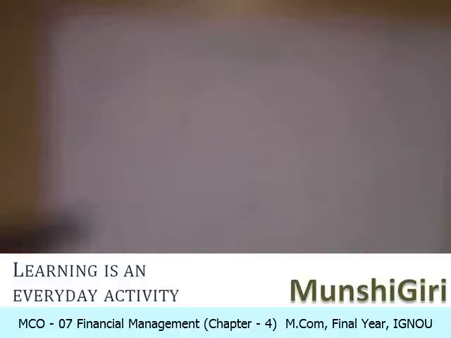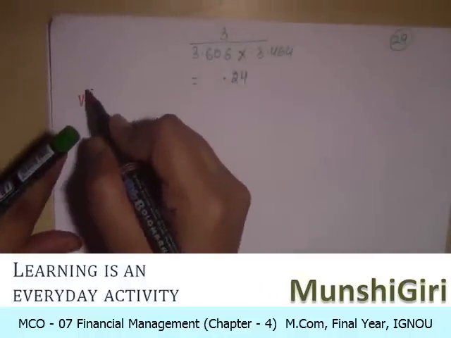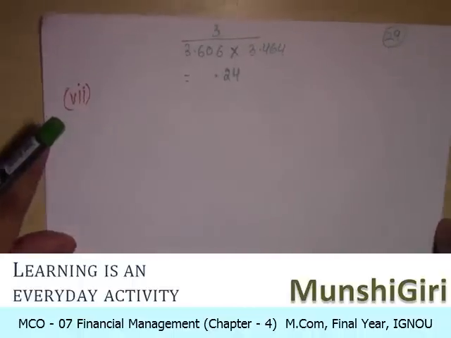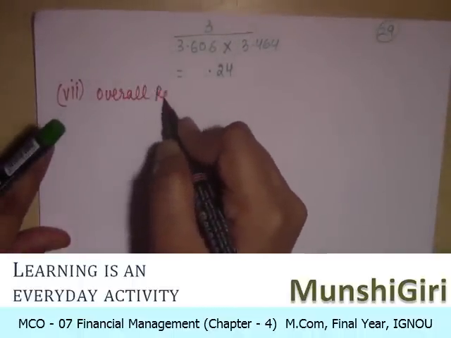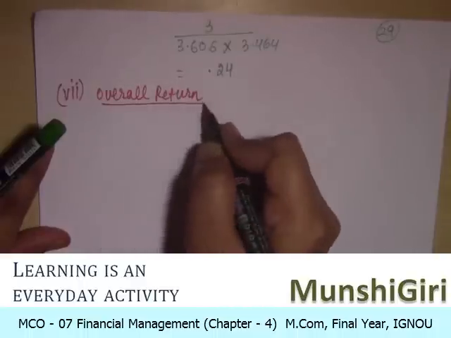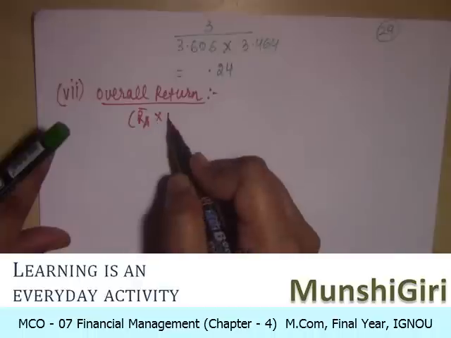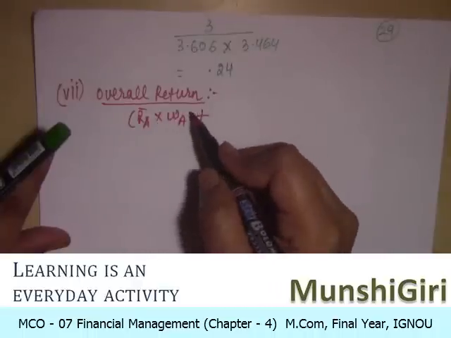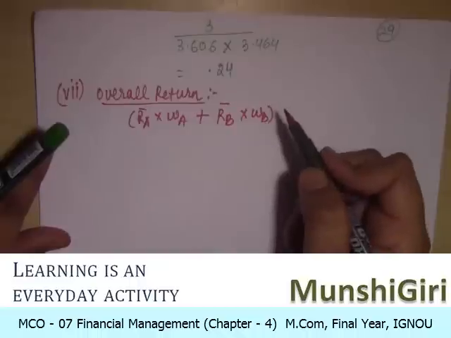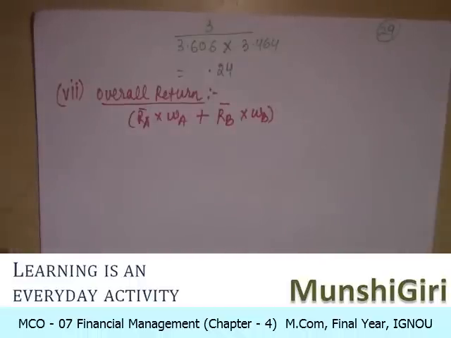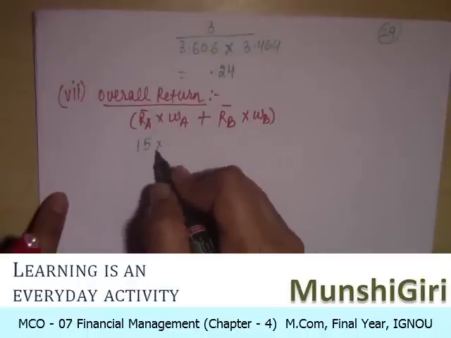Next point it is asking is overall return. We have already calculated overall return, so let's calculate it once again. Point number 7 is overall return. Overall return is expected return of A into weight of A plus expected return of B into weight of B. The expected return of A was 15 and weight of A was 30.